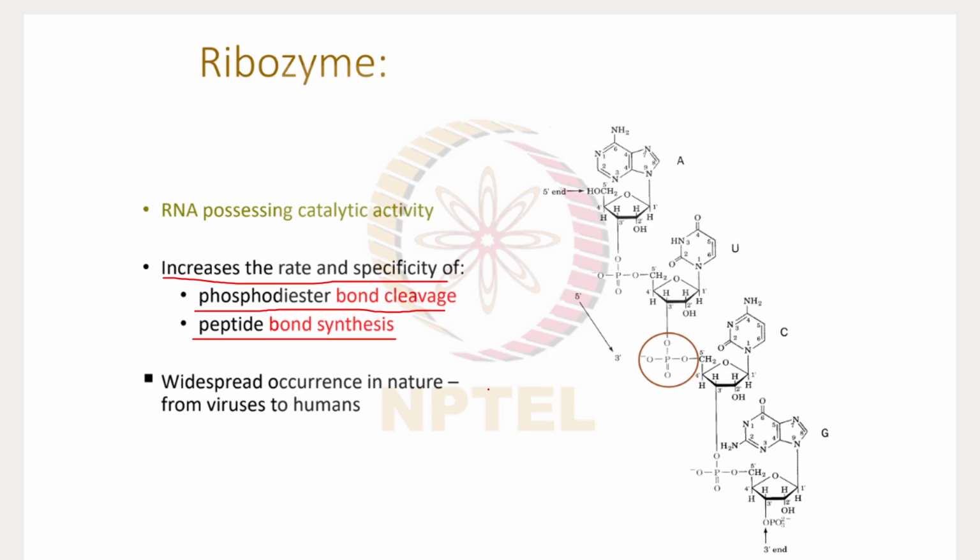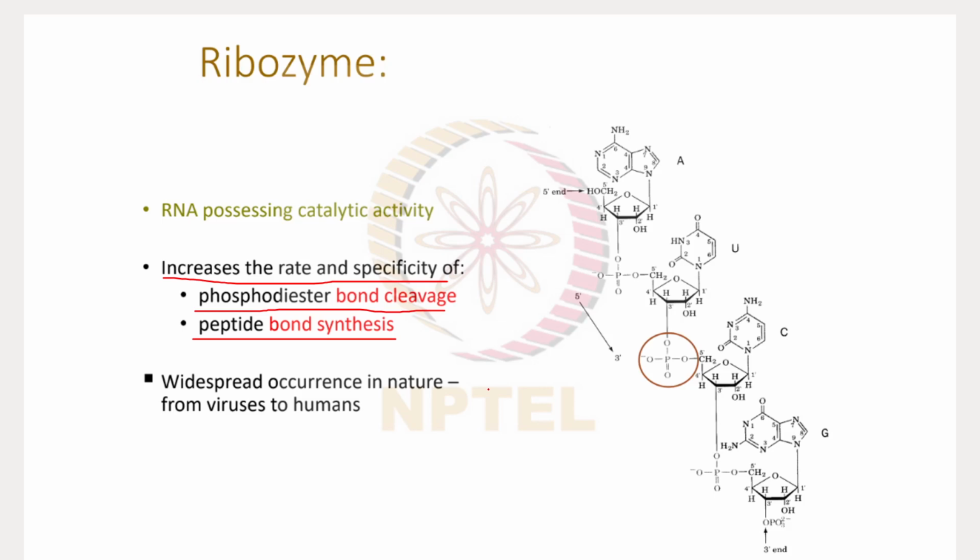In the process of transcription, generally what happens? DNA to RNA, that means RNA is being made. So in the RNA making process, there needs to be synthesis of the phosphodiester bond, not cleavage. There needs to be a phosphodiester bond between two nucleotides so that the RNA chain can increase its length.